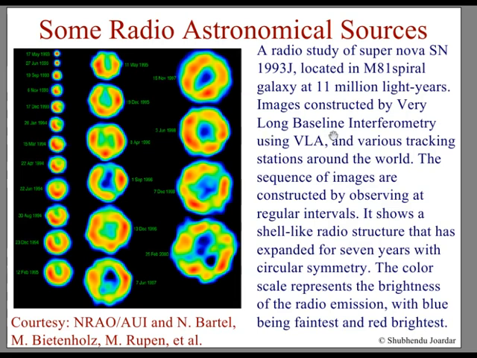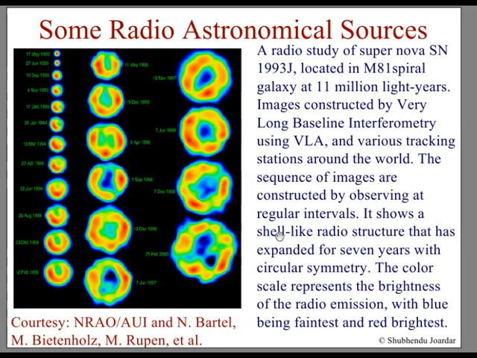Images constructed by very long baseline interferometry using VLA. VLA is a radio observatory. You know that NRAO owns this in New Mexico. They have various tracking stations around the world. The sequence of images are constructed by observing at regular intervals.